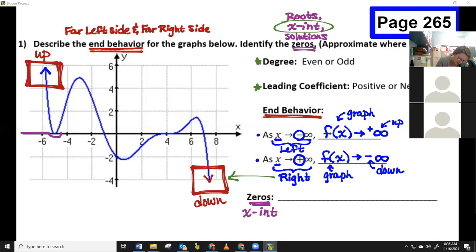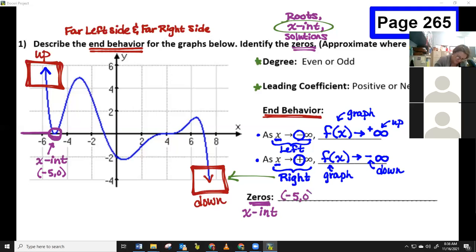Right here, we are touching the x-axis. So I have an x-intercept right here. It looks like it's in between the -6 and the -4. So what do you think that ordered pair would probably be? -5, 0, yes. So that's the first one that I'm going to write down on this line.